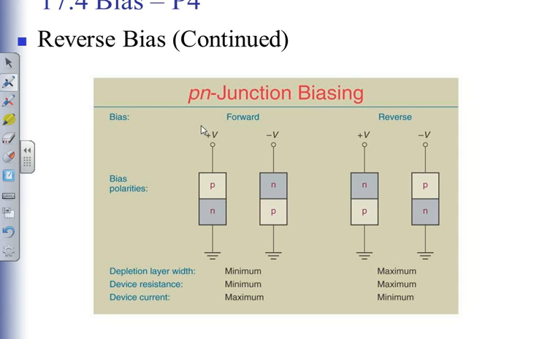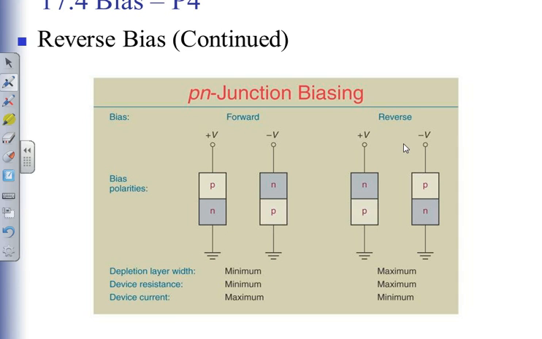So for a PN junction, I'm forward biased if I'm positive on the positive side and I've grounded my negative, or I'm negative on my negative side and I've grounded my positive. I have a minimum depletion area. I have minimum resistance, and I have maximum current flowing when I'm forward biased.